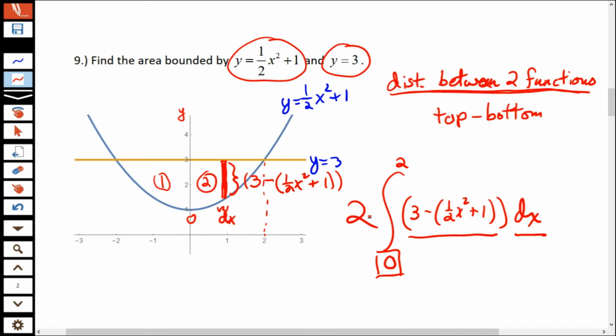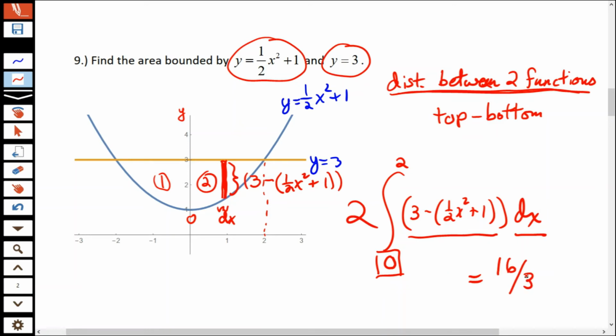This area, you guys can go ahead and calculate it. You can simplify what's inside, make sure you distribute that negative across. Do the integration, plug in the bounds, get an answer, and then double it. You should get 16/3 for the answer to that integral.